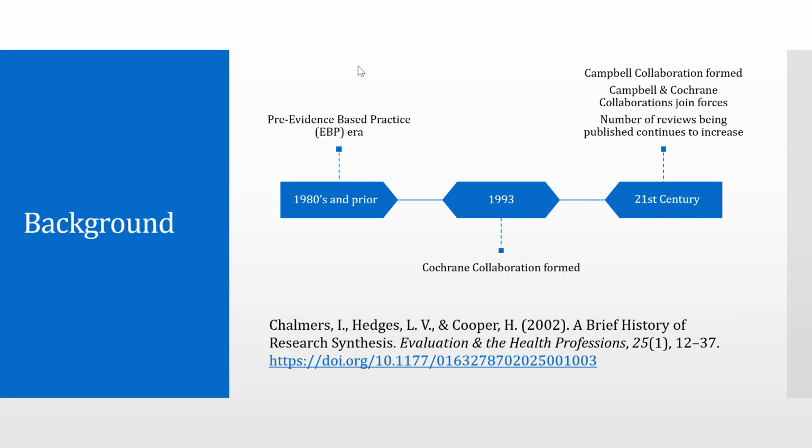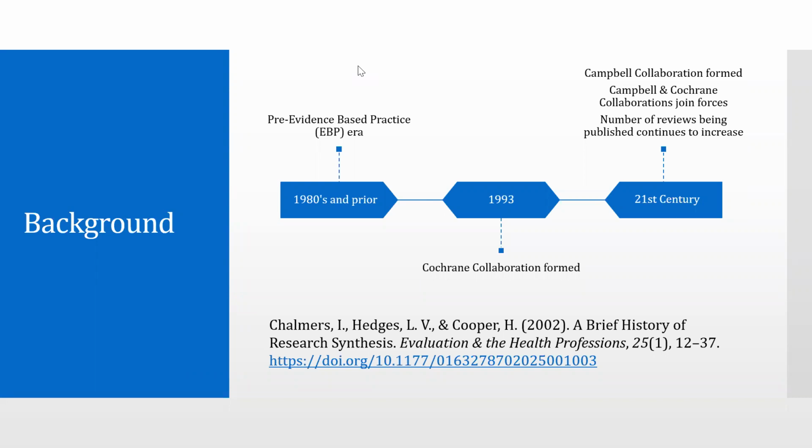So just a very brief or sort of broad timeline here. The 1980s and prior is what we consider the pre-evidence-based practice era in medicine. But in the 90s, systematic reviews and meta-analyses started to really come to the forefront in terms of informing treatments and best practices in medicine.